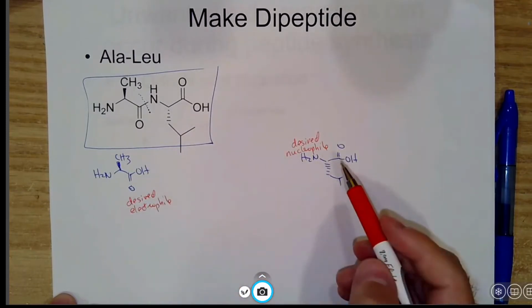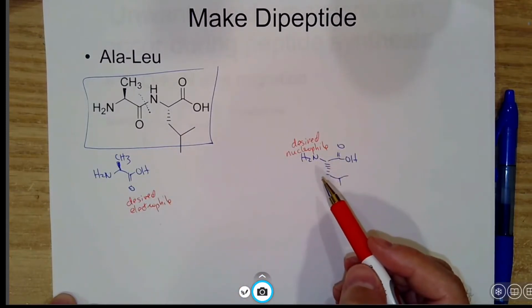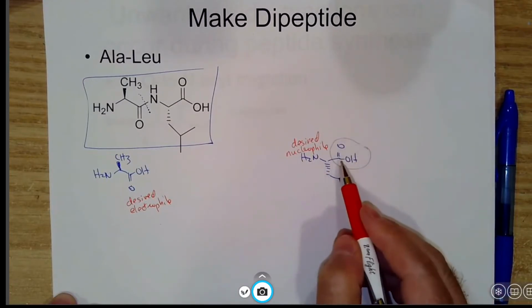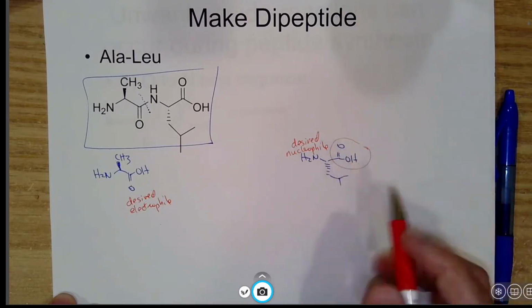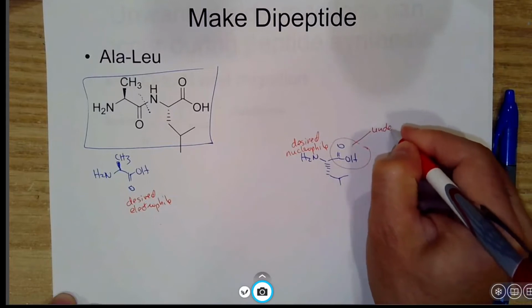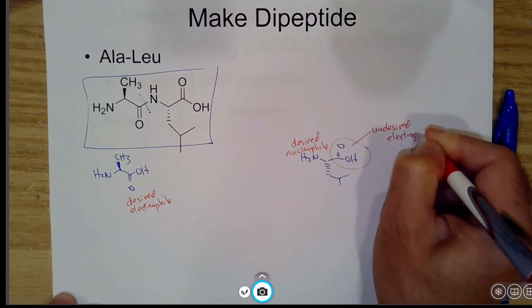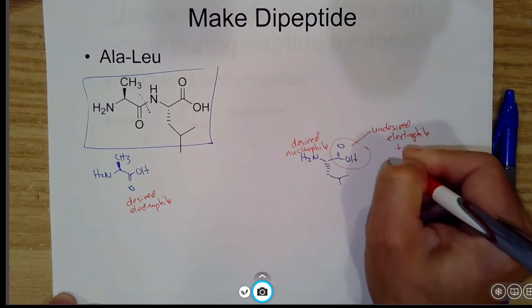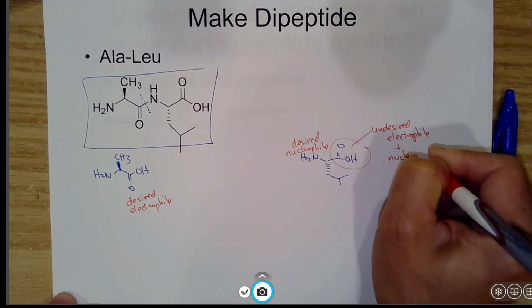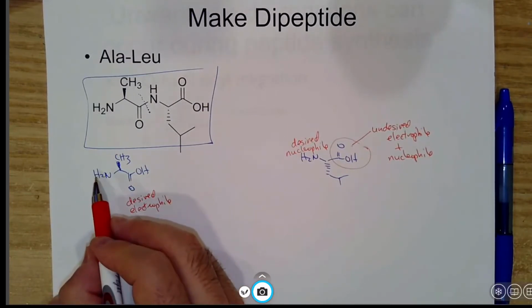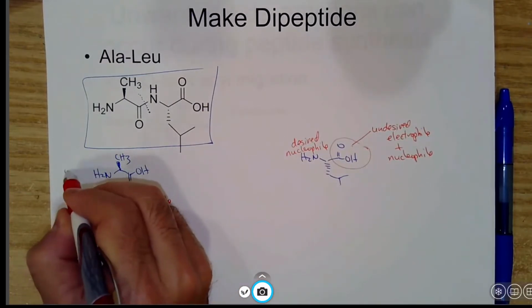However, we need to take into account some undesired portions on this molecule. So here we have an undesired electrophile and nucleophile. In fact, we don't want this to react with anything. And this nitrogen here is an undesired nucleophile.